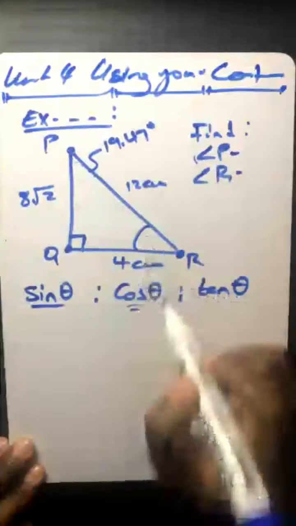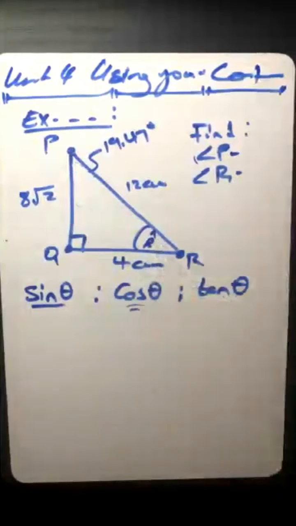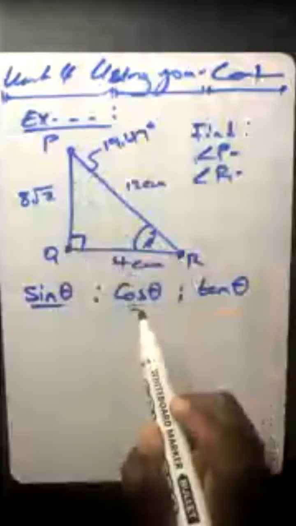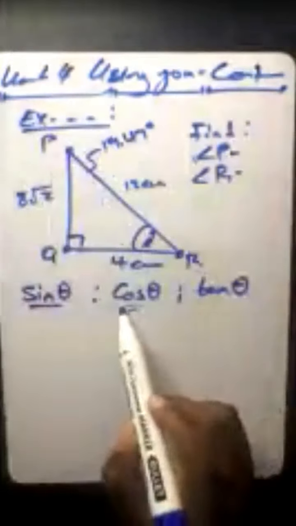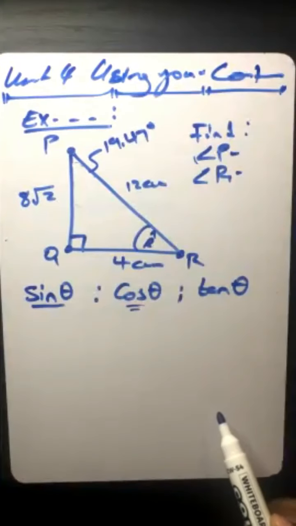This is the angle that you are calculating, which you can call angle R or theta. You then need to use a trig ratio referencing this angle, not that one, because what you calculated was angle P. I'm not sure if it makes sense, LB.